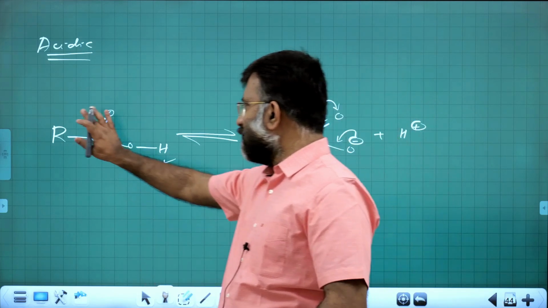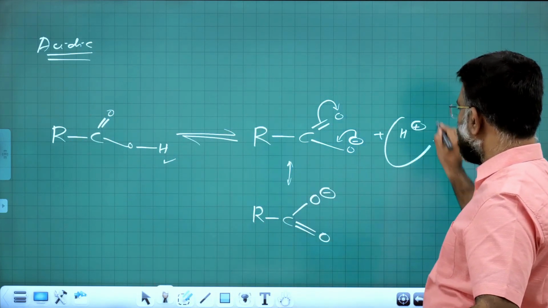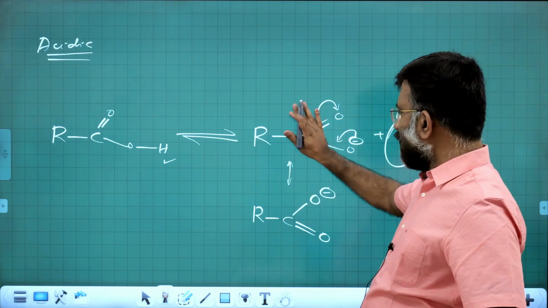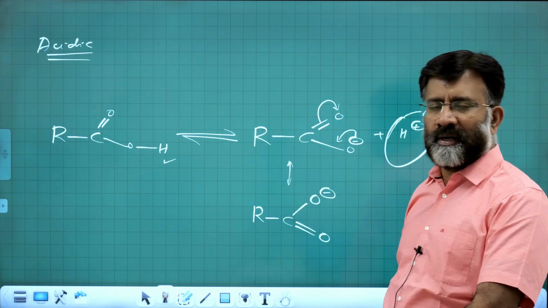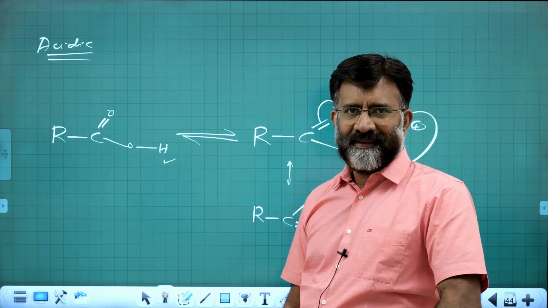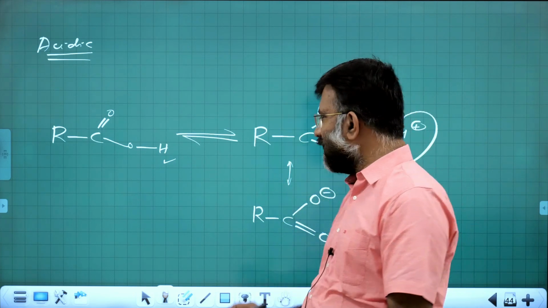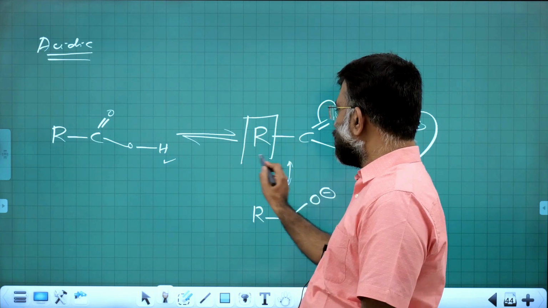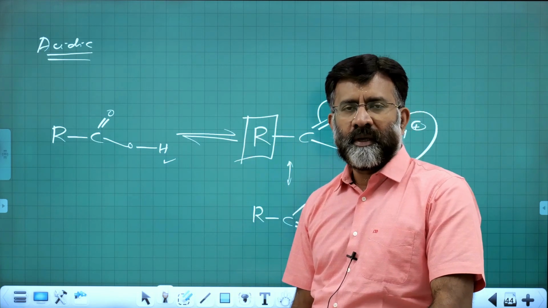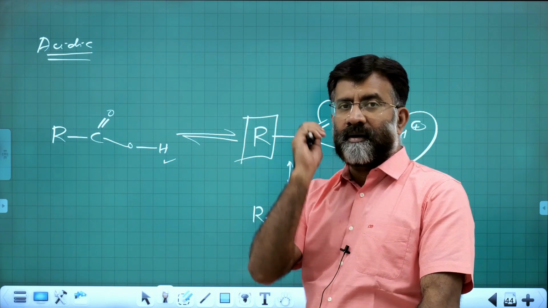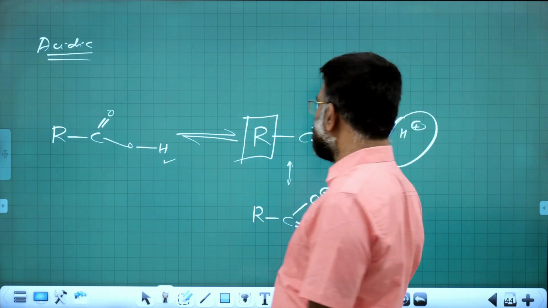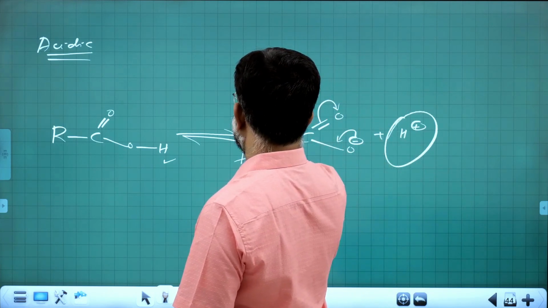So this may ionize like this, liberating H plus, because the anion formed is stabilized by resonance. Right? Now this resonance stabilization of the carboxylate group is greatly influenced by the R group.